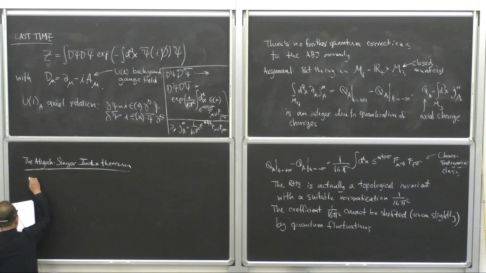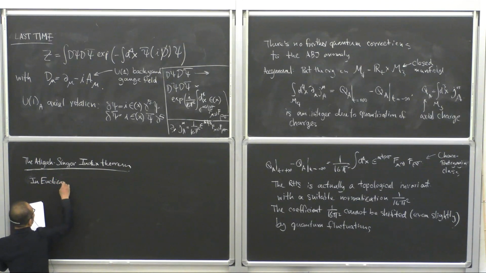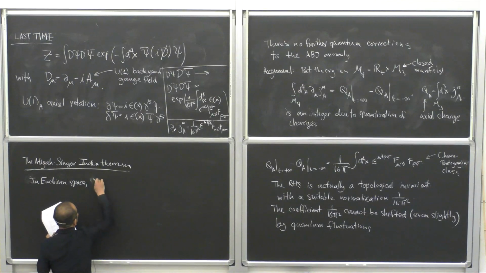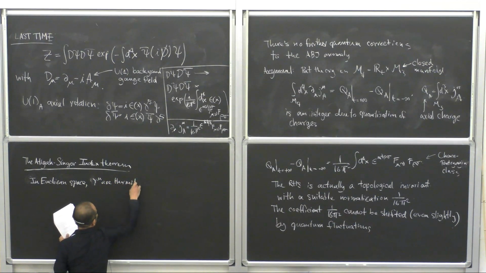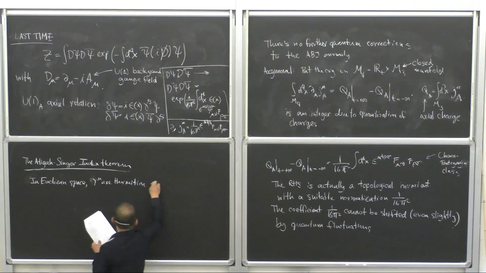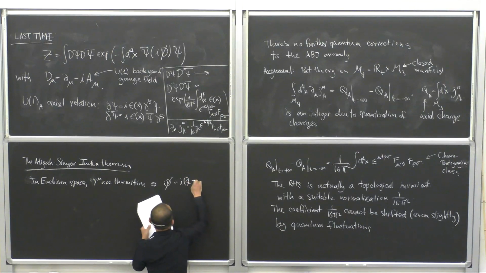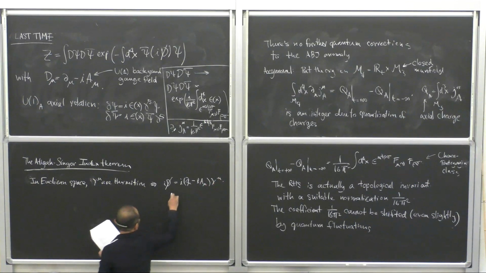Okay, in Euclidean space, gamma mu's are Hermitian. This also implies that iD-slash, which I define as i times the Dirac operator, D minus A_mu gamma mu, is Hermitian.